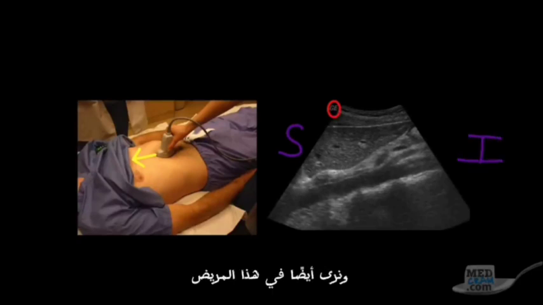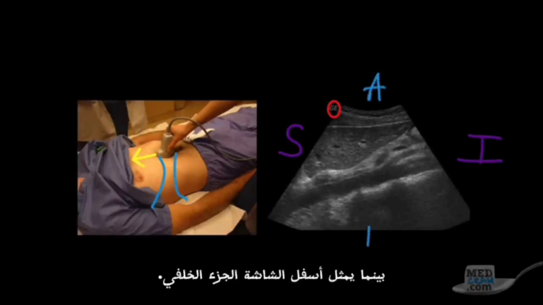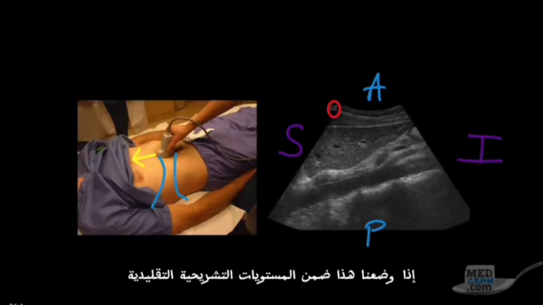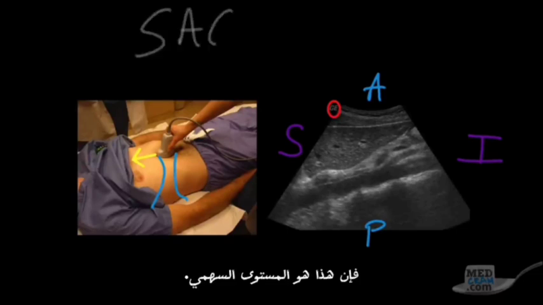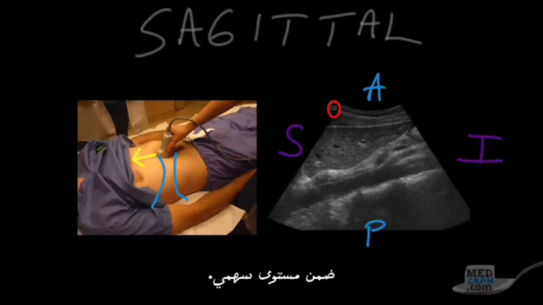And we see on this patient that our flashlight is shining from the anterior portion of the patient to the posterior portion of the patient. Therefore, the top of the screen is anterior, the bottom of the screen is posterior. If we put this in conventional anatomic planes, this is the sagittal plane. And this is because we're slicing the patient with the ultrasound beam in a sagittal plane.